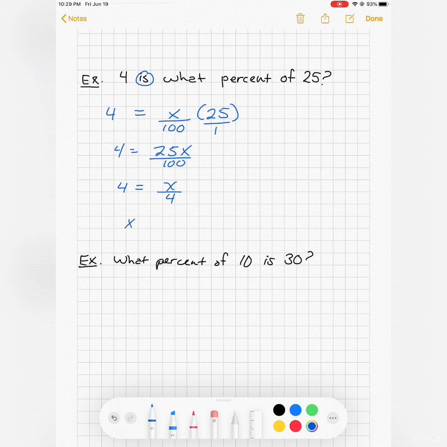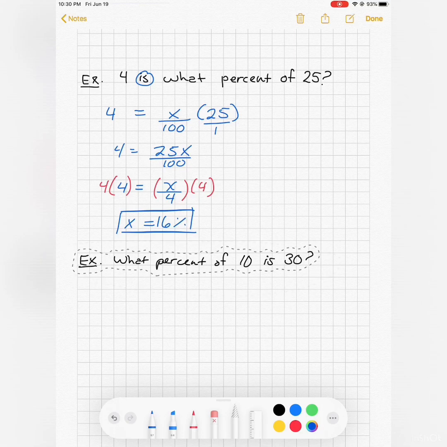Then I could multiply both sides by 4. Okay, so 4 is what percent of 25? 4 is 16% of 25.